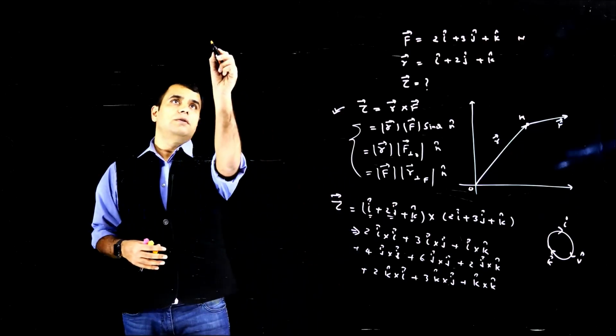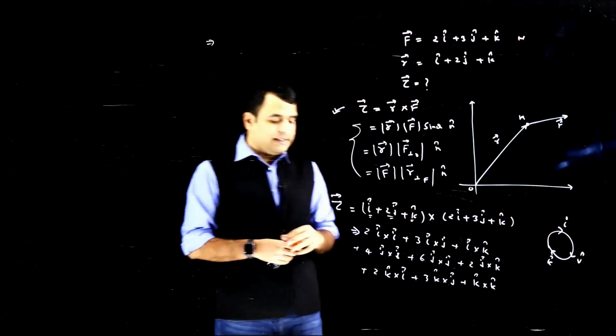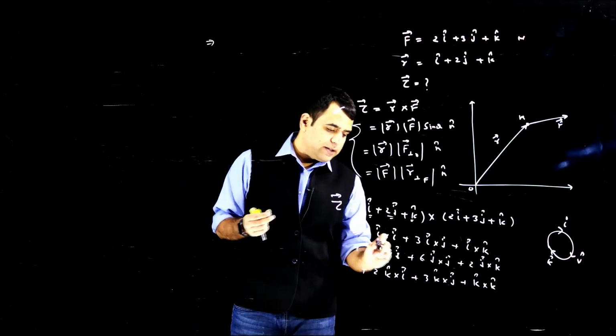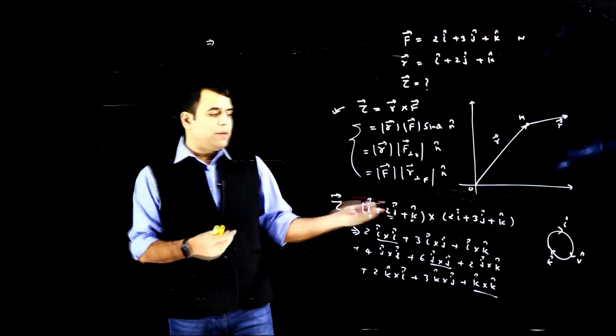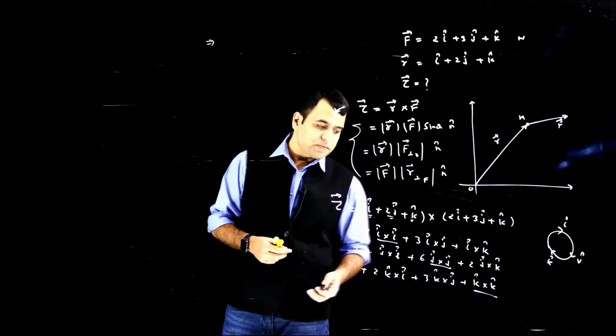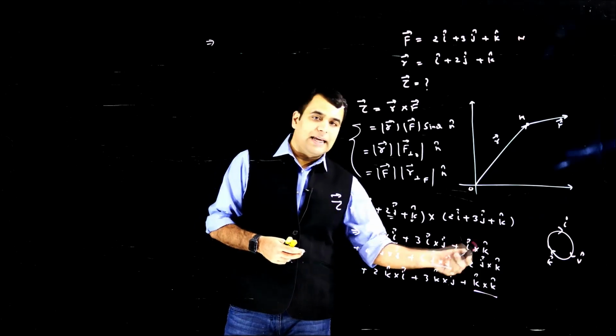I cross I, j cross j, and k cross k all become 0, because the angle between them is 0.